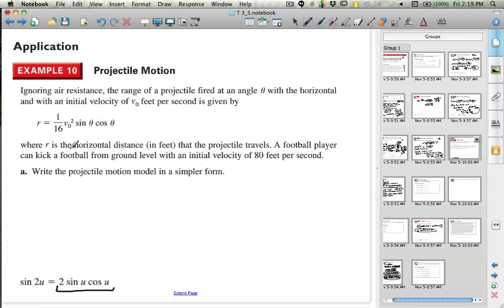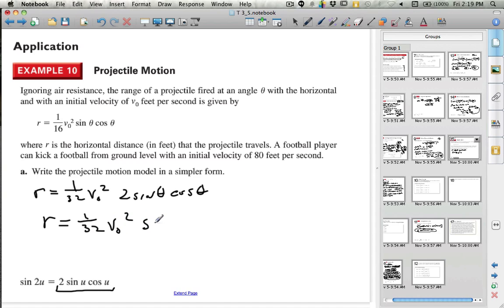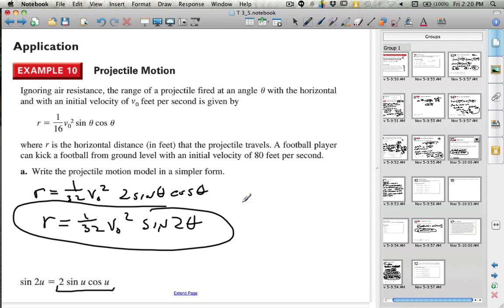So if I factor a 2 out of 1/16, then I'll get 1/32 velocity sub 0 squared times 2 sine of theta cosine of theta, and that's going to become sine of 2 theta. So if I simplify this, this just becomes sine of 2 theta. Okay, so that's simpler, got rid of the cosine. That's where we want it to get to.